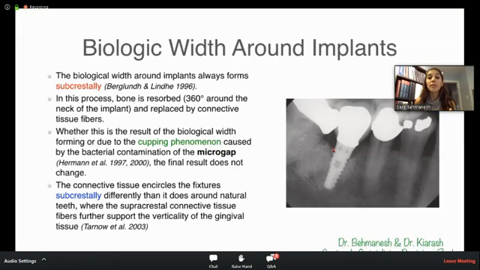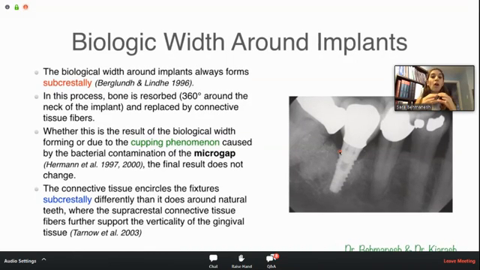The other theory is it's a biologic width formation. Basically, when we put a crown over the implant, the body wants to recreate the seal around the implant. And for creating the seal, we need space. We need space for junctional epithelium. We need space for connective tissue fiber. And if the tissue that is sitting on the crest is not thick enough, the space is created at the expense of resorbing bone.